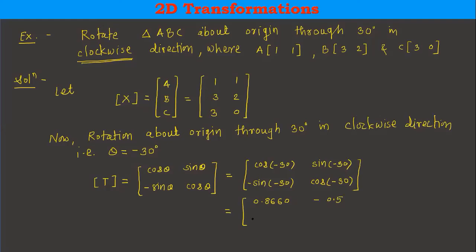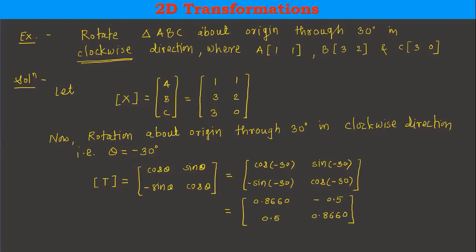Then minus sine of minus 30 degrees will be plus 0.5. If you calculate using the calculator, you get these values. And then cos minus 30 is again 0.8660. So this is our transformation matrix T.